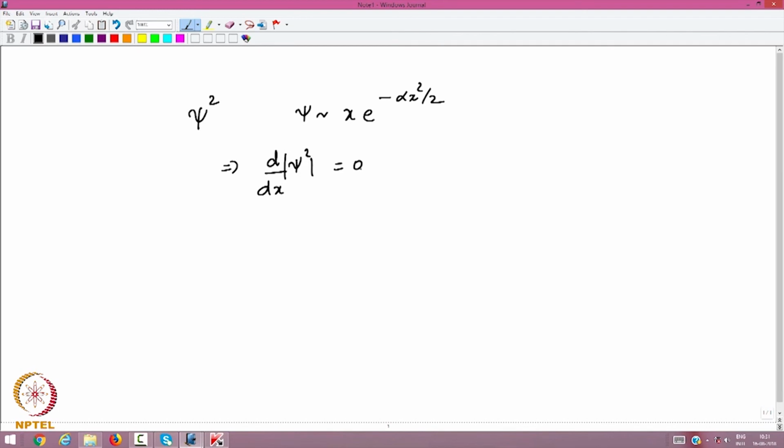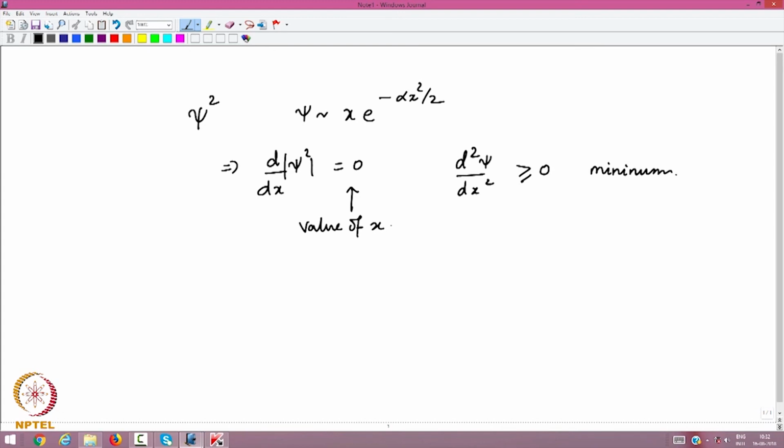That should be set to 0, and then we check the second derivative d square psi by dx square at the value of x at which this derivative is 0. If the second derivative is greater than 0, this is a minimum.